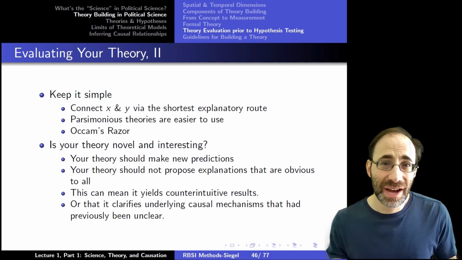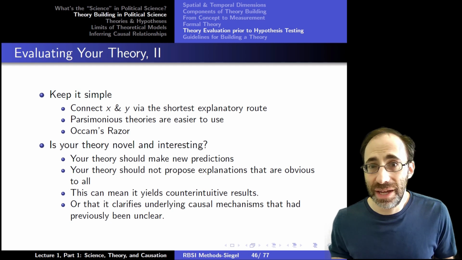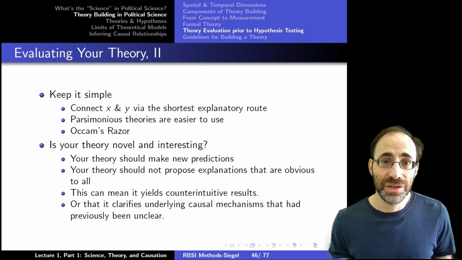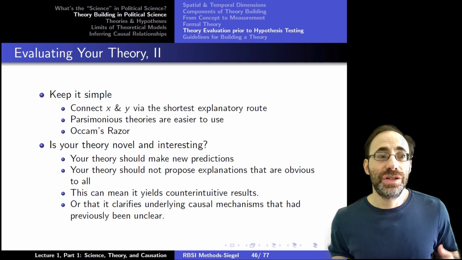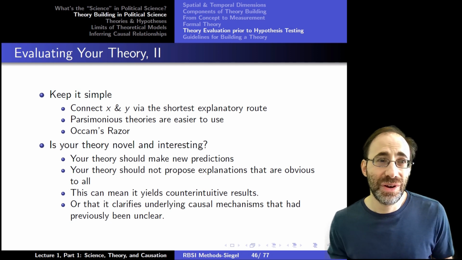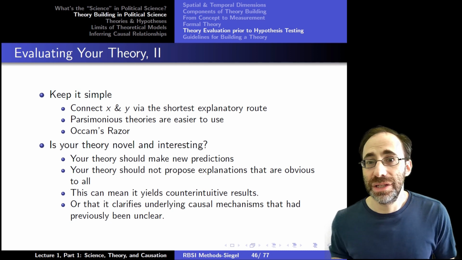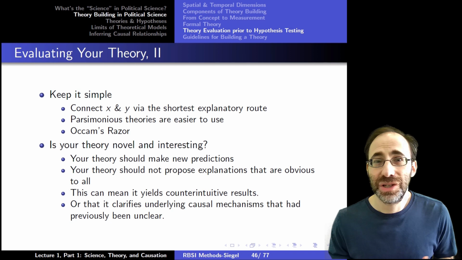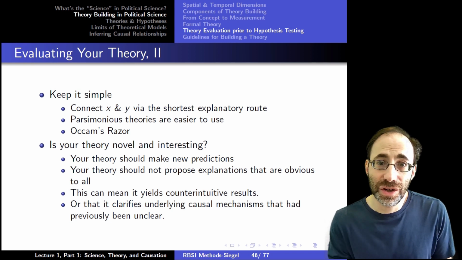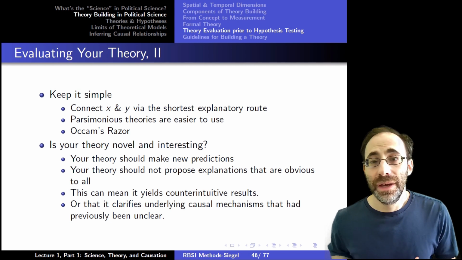In general, the reasoning behind that is that parsimonious theories are easier to understand, to translate into common language. If you have a theory with 1,000 moving parts, it's very difficult to figure out which moving part was the one that led to the outcome. Whereas if you have only one or two moving parts, it's much clearer to assign meaning and cause for the actions of those one or two variables.